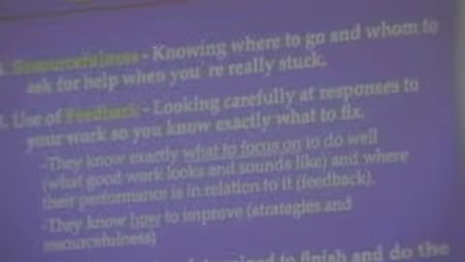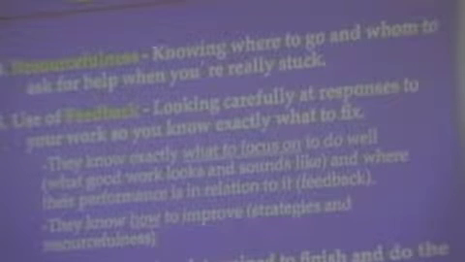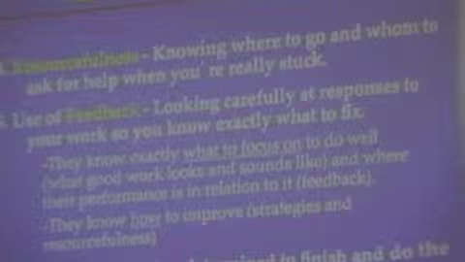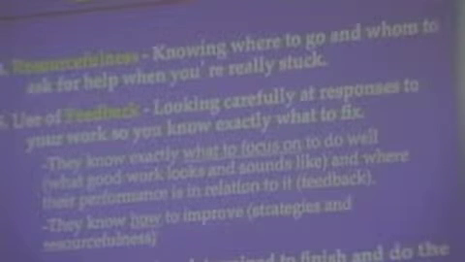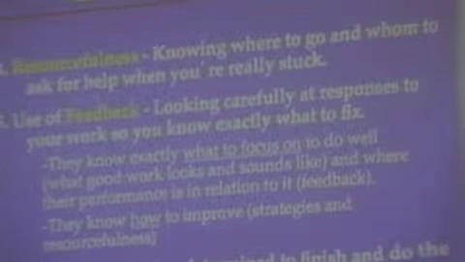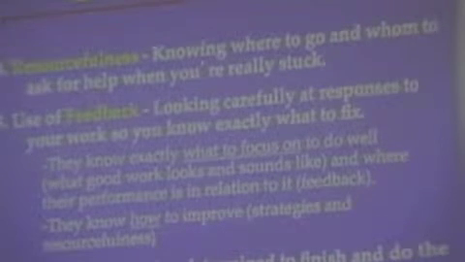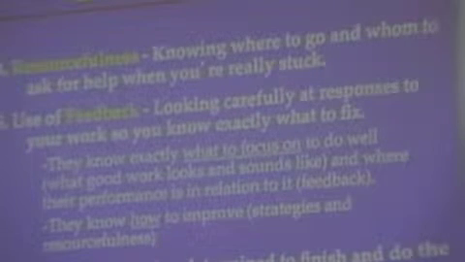And then the last attribute is, as a kid, being committed, being determined to finish and do the very best work you can. Now, once you start getting a little bit of success and have a teacher who believes in you enough to put in the extra time and effort to get clear about what the criteria for success are, you start getting more committed because you see the teacher.